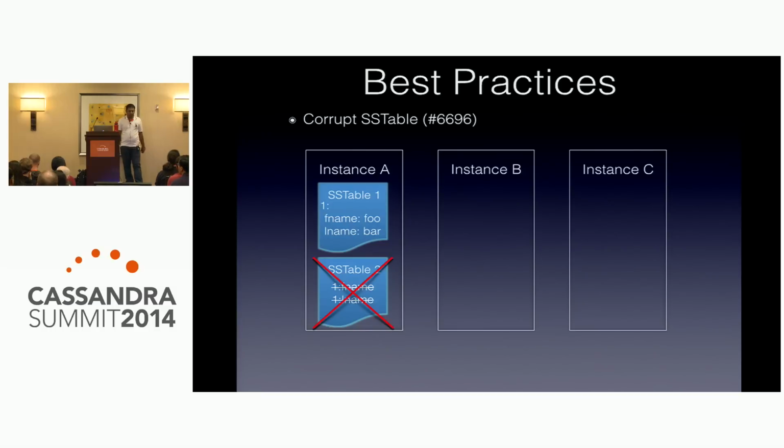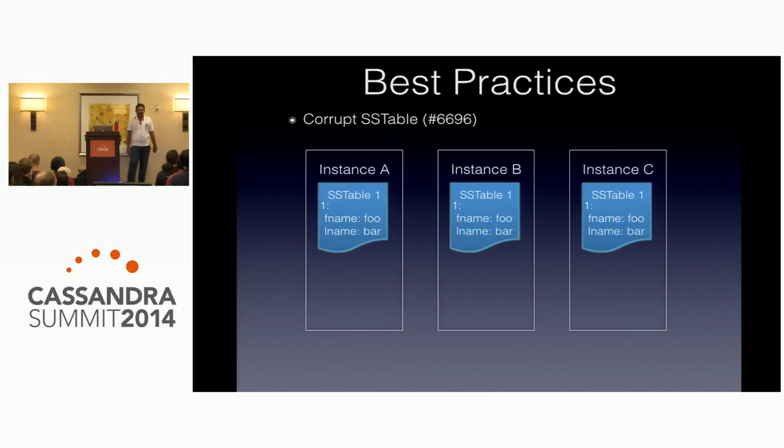Now you have a corrupt SS table. SS table 2 just got corrupt. You are getting exceptions for it, and you are going to go and see what's the problem, right? So SS table 2 might be corrupted for various reasons. So you are going to remove that SS table. And when you do that, your data will reappear on the next read.